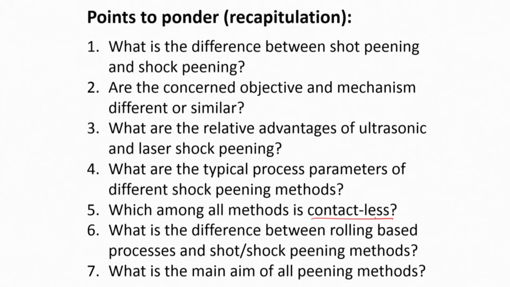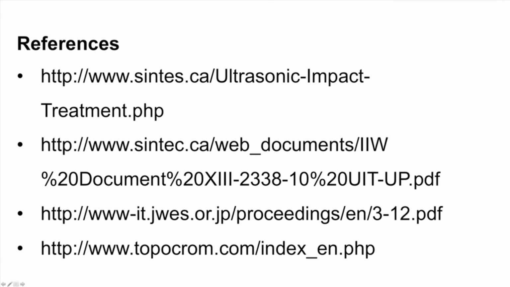So, the main message of all these peening processes that we have discussed is that, be it on a welded joint or simply a rolled sheet or a cast product or a rotating part, a shaft or a beam or a gear or ball bearing and so on, in all these parts which are likely to fail by way of fatigue, this kind of surface deformation process can introduce up to a certain depth a limited deformation zone, which will in turn create a state of compressive stress onto the surface, and in the process can extend the fatigue life and reliability of the component. So, that's how they are very, very useful.